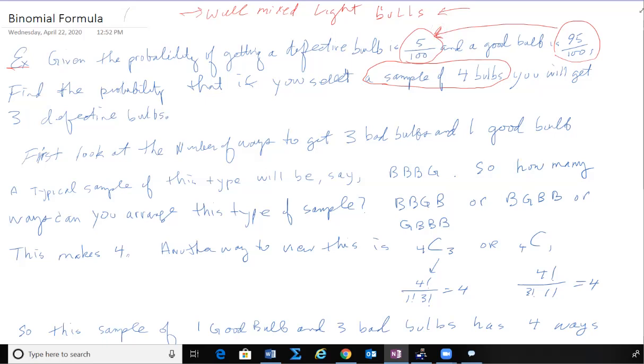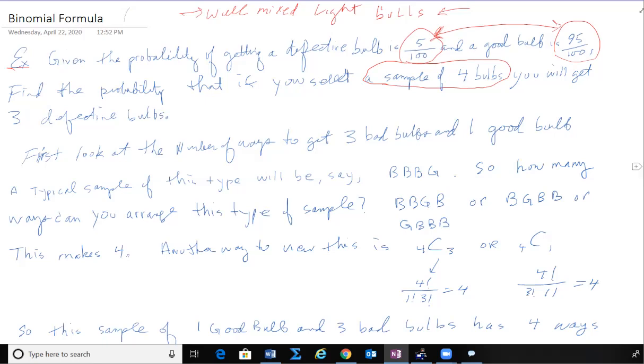So take a sample and ask yourself, assuming these numbers are right, what's the probability I can get a 4 bulb sample that has 3 defective bulbs in it, along with 1 good bulb?